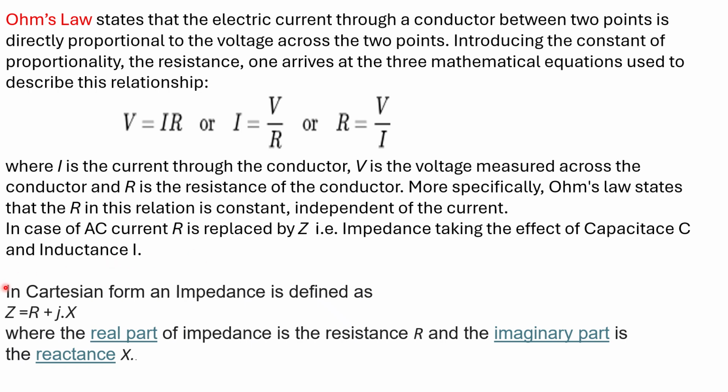In Cartesian form, an impedance is defined as Z equal to R plus jX, where the real part of impedance is the resistance R and the imaginary part is the reactance. And this reactance is made up of capacitance, inductance, or a combination of both.